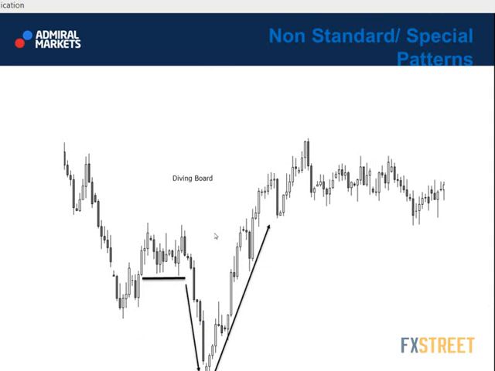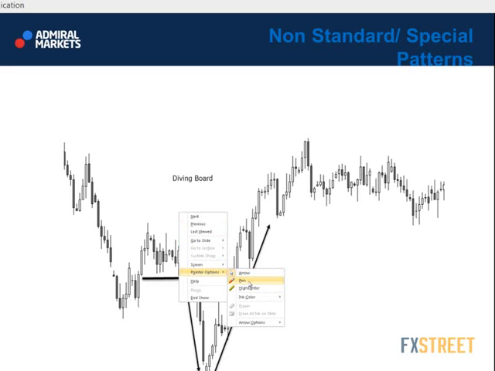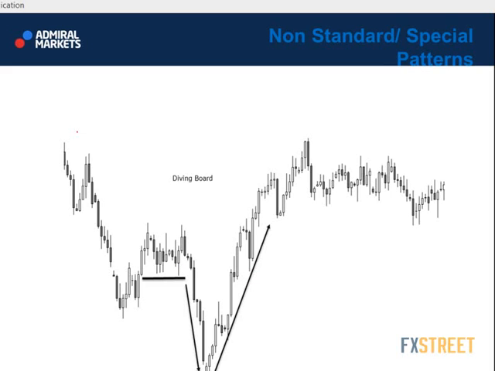And the last pattern which I want to show you today is called the diving board. It's a V-shaped reversal. That is the pattern which I definitely want to show you, because if you see this pattern, you don't want to go with short trades in this example. The V-shaped reversal, or diving board, is the pattern which marks a very, very strong reversal to the upside.